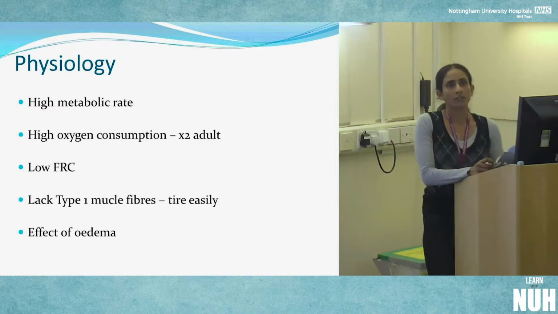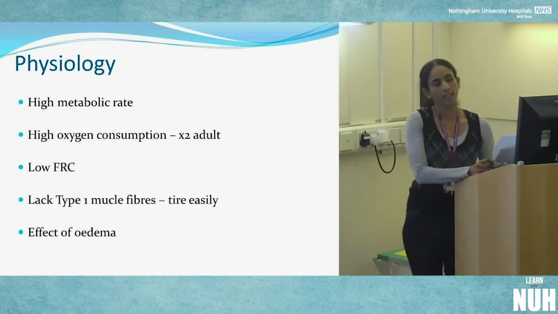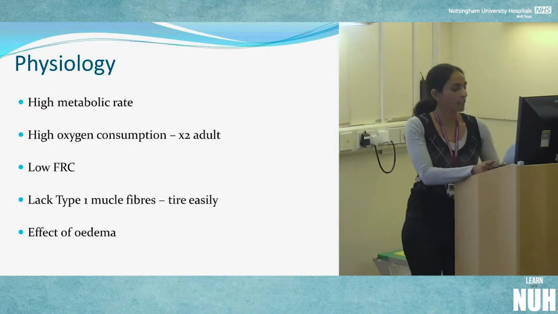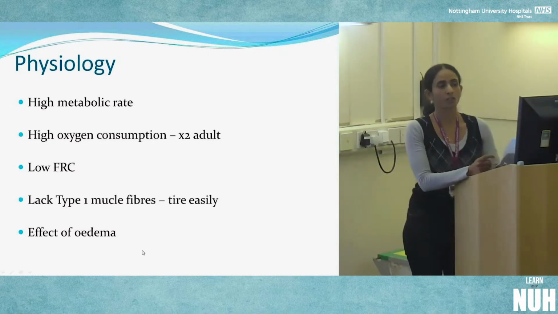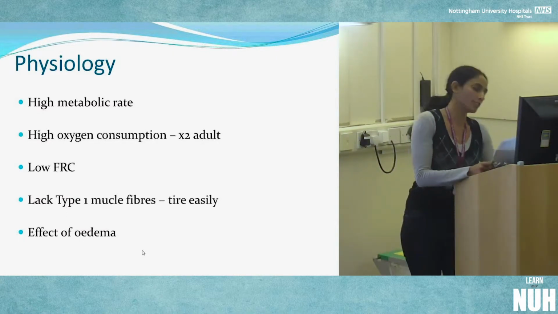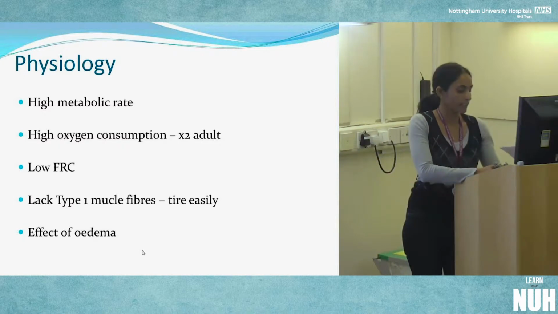If they do drop their saturations, unlike adults, the response to hypoxia is bradycardia, whereas in adults you get tachycardia. They become bradycardic pretty soon. And the effect of edema: you all know that the diameter of a child's airway is really small, and anything that reduces it further severely affects airflow.